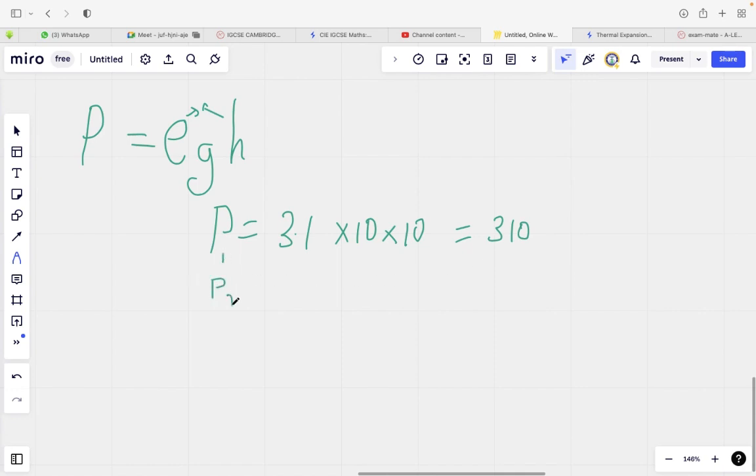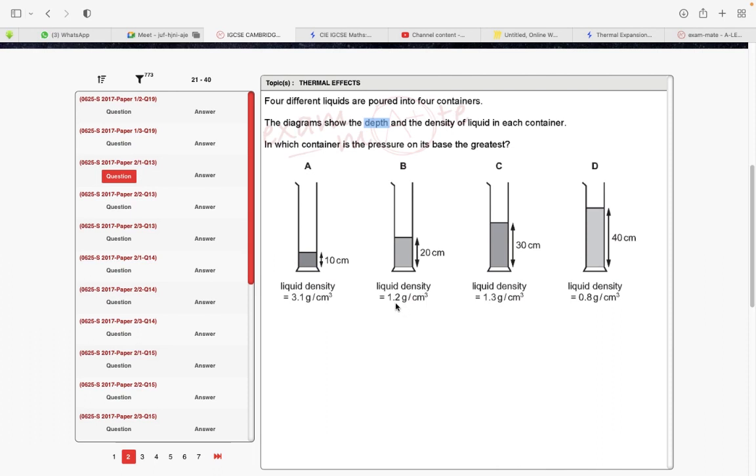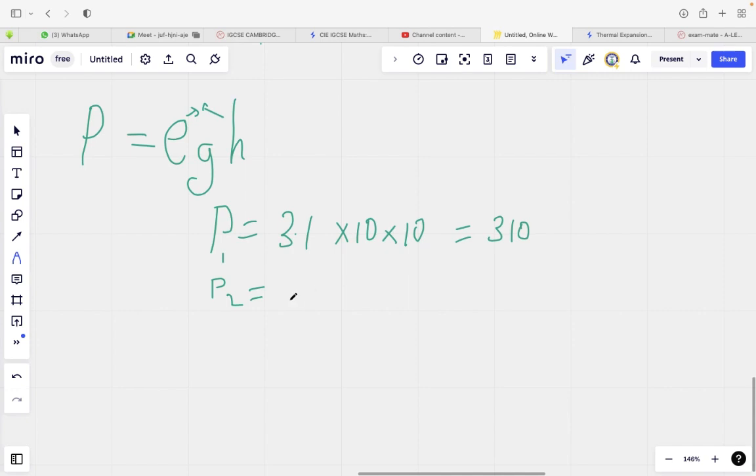Let's do the second one. It will be 1.2 times 10 times 20. 1.2 times 10 is 12. 12 times 2 is 24, so that's 240. This one will be 240 if I'm not mistaken.